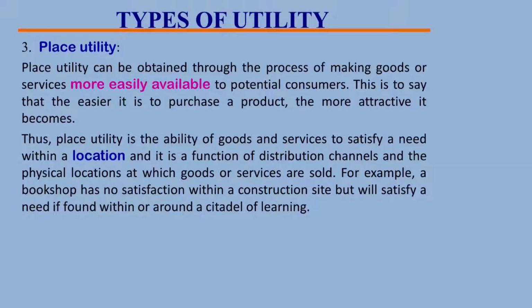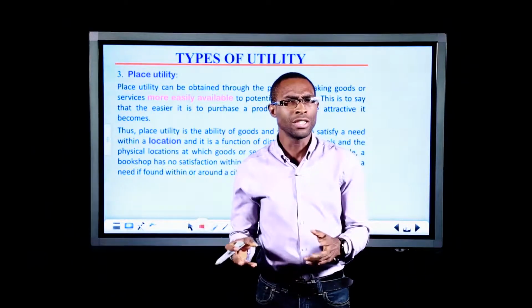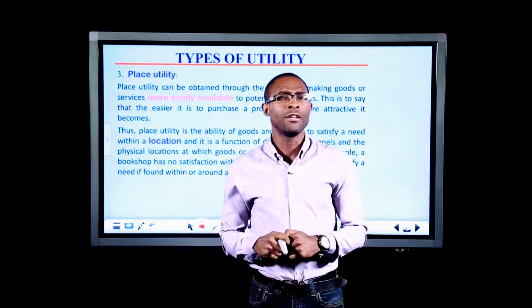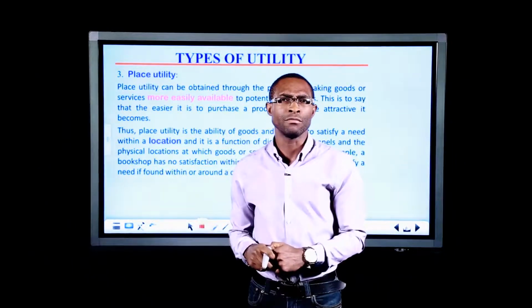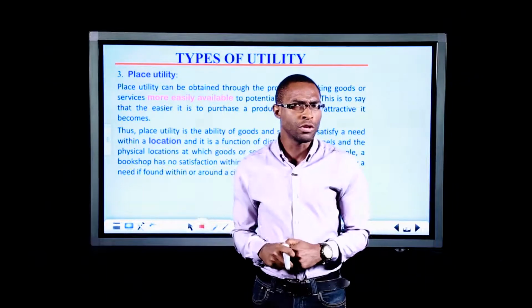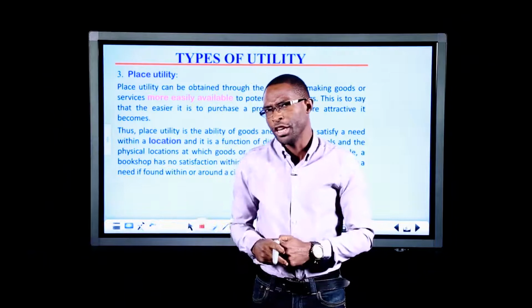Let's proceed. Place utility. Place utility can be obtained through the process of making goods and services available within a location. For example, it will be useless for a cement dealer to site his shop near a citadel of learning, a school. Do you know why? Students are not building houses there, so he won't sell.